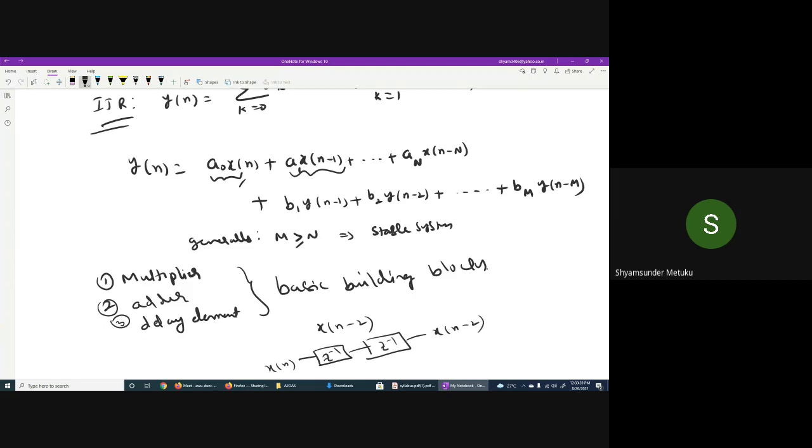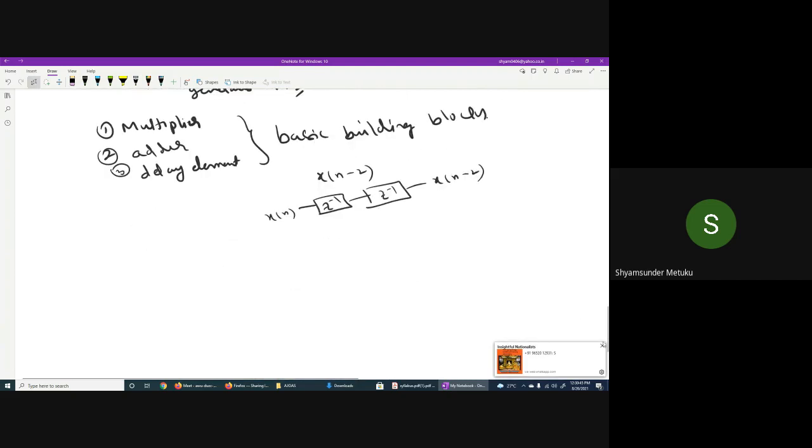Can I write it this way? Cascading is nothing but when two devices are cascaded: in the time domain, h1 of n and h2 of n are convolved, but in the transfer function or z domain they are multiplied, isn't it?